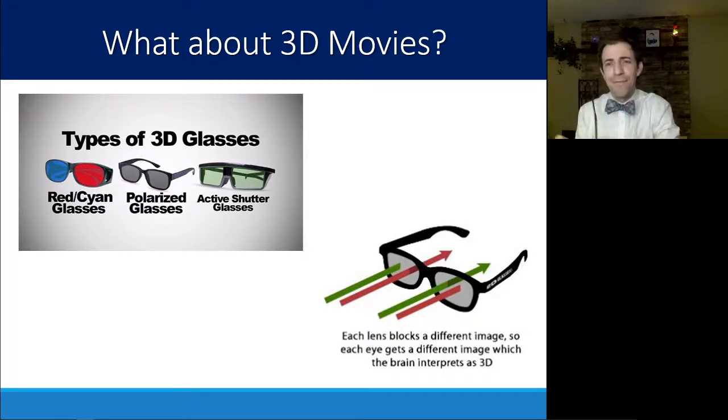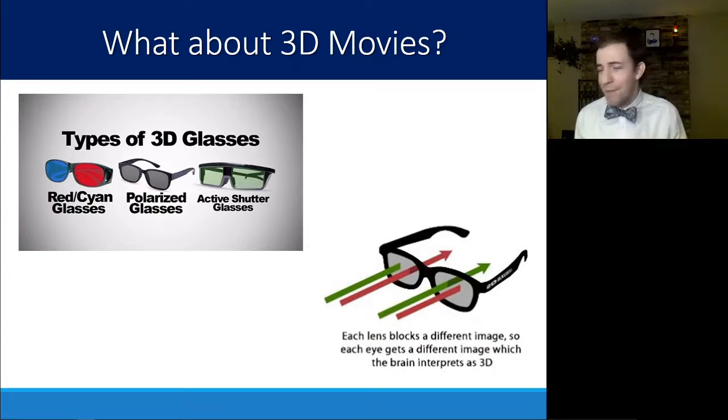So all you need to do is project two different polarized images on the screen so that when they bounce off into your eyes, each one gets cut off by the corresponding lens, so that one eye only receives its intended image and the other receives its intended image, and the polarization cuts out the rest of that.